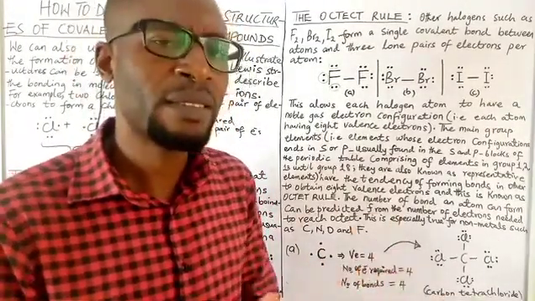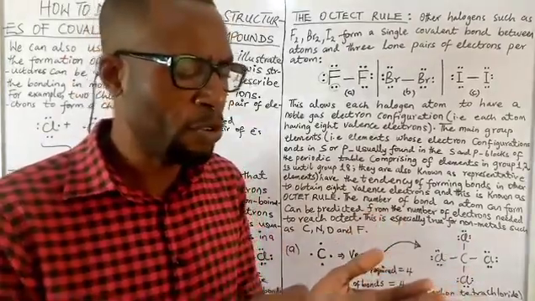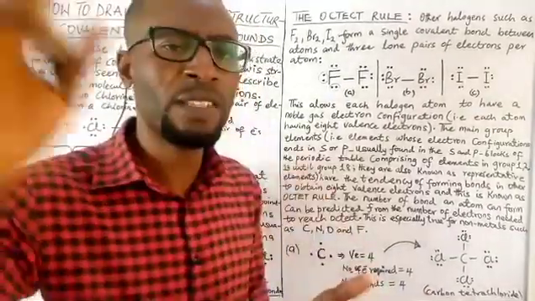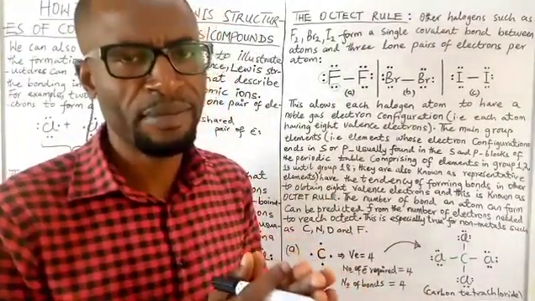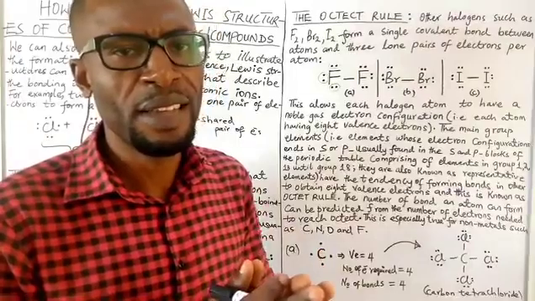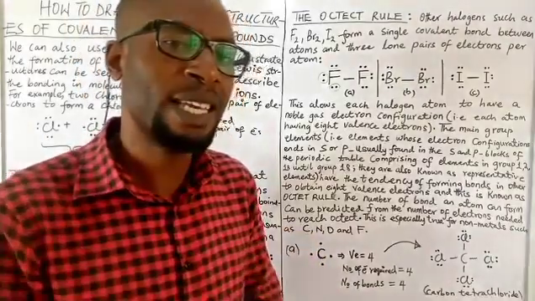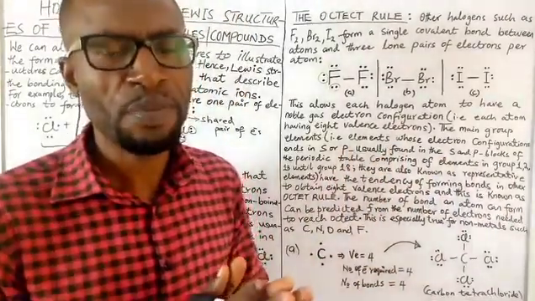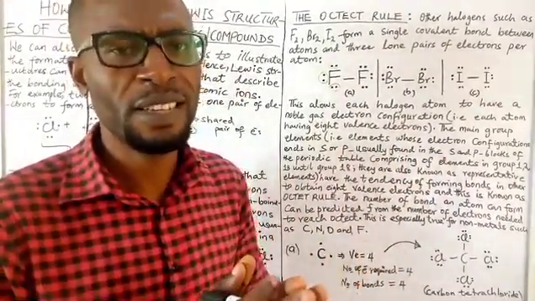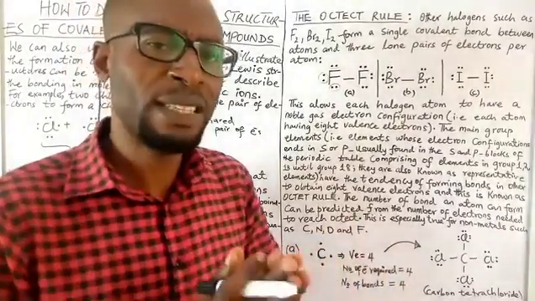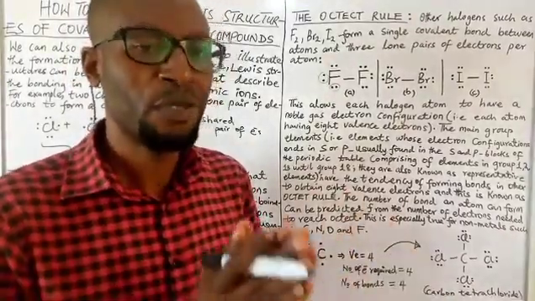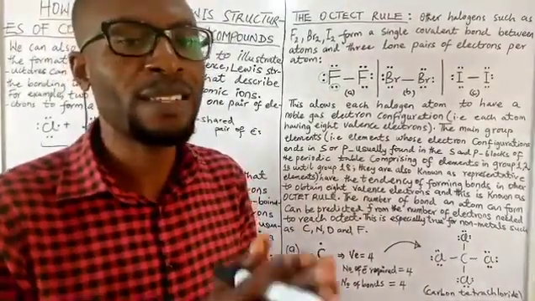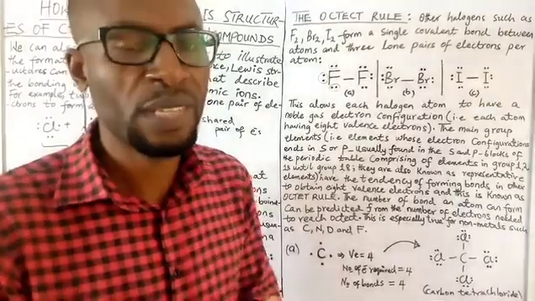Examples are elements you find in group 1, group 2, group 13 until group 18. These elements are also said to be placed in the S and P block of the periodic table. All of these elements would react with themselves or other elements just to ensure that each of its atoms acquires 8 valence electrons in the outermost shell.